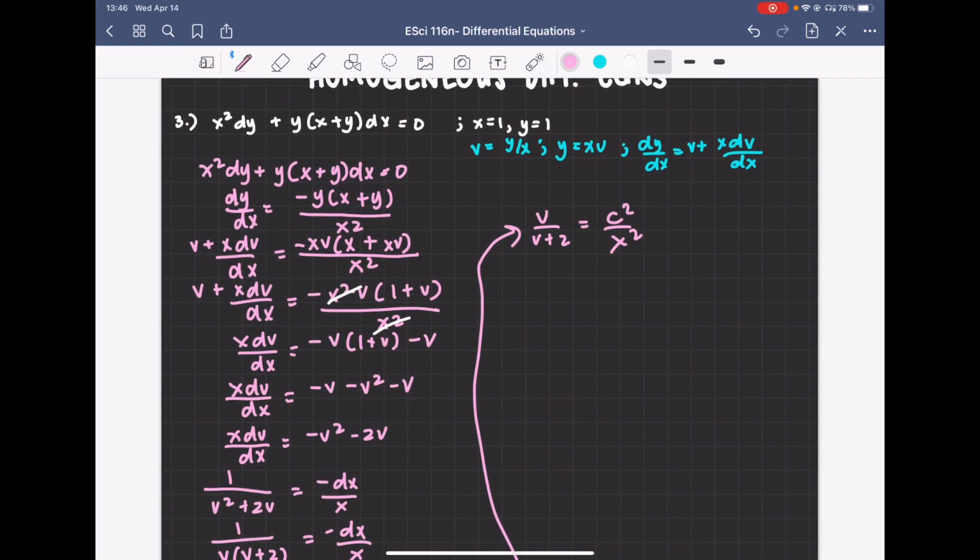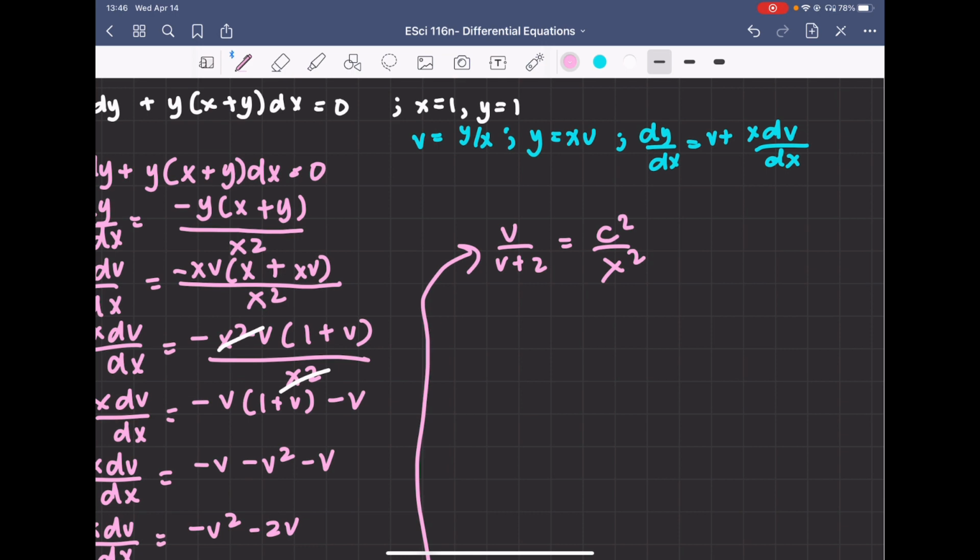Now we can put back our value for y over x. So that's y over x, all over y over x plus 2, equals, our c squared is simply, again, c because it's a constant, over x squared. So multiplying x squared to the left side, we have yx all over y over x plus 2 equals c.